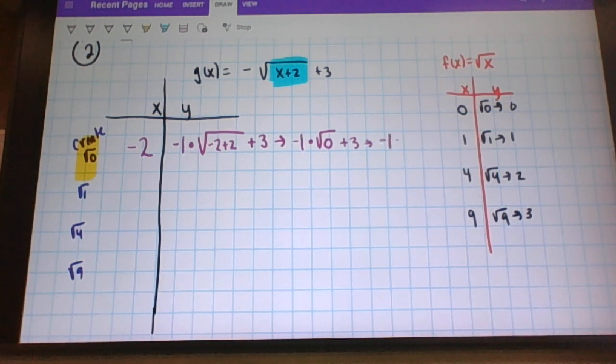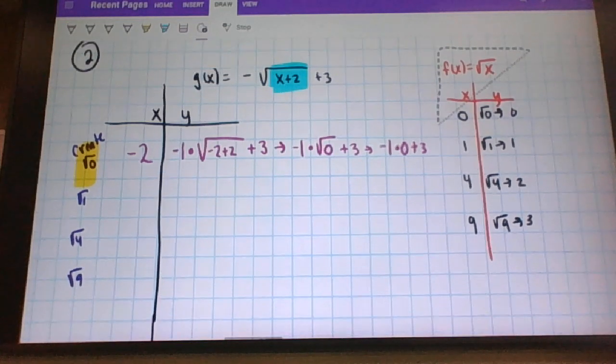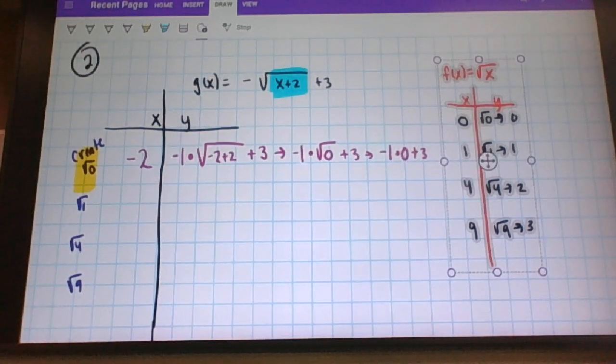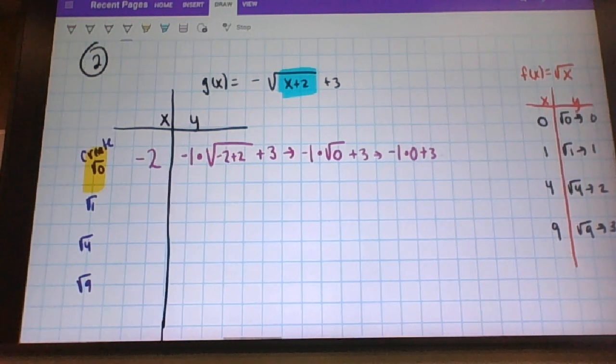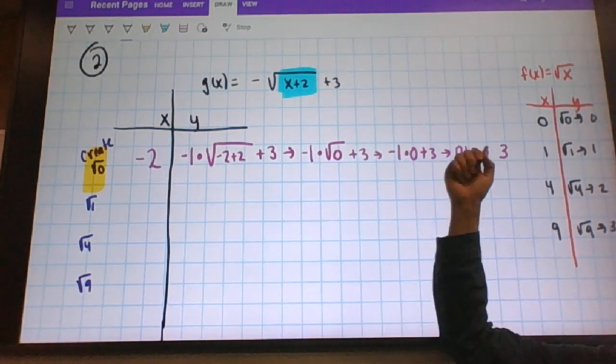So that's negative 1 times 0 plus 3. So that's 0 plus 3. So that's 3. So my first ordered pair is negative 2, comma 3.